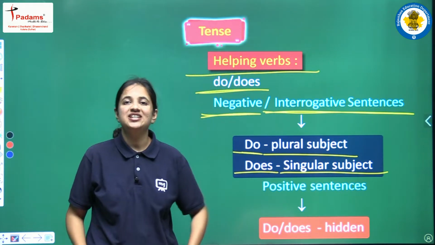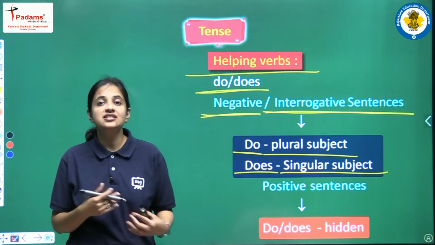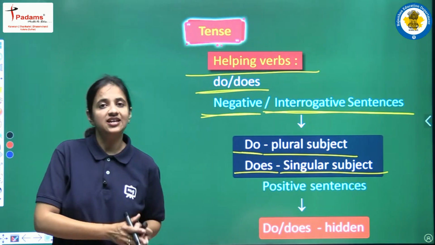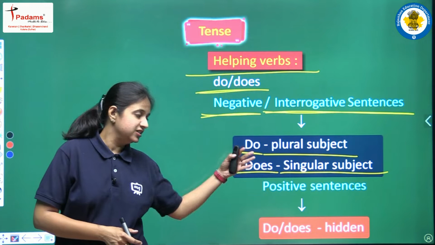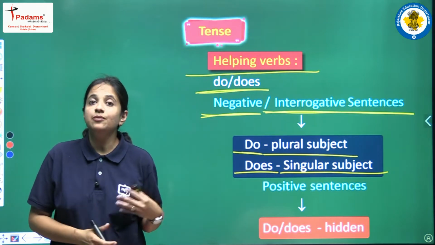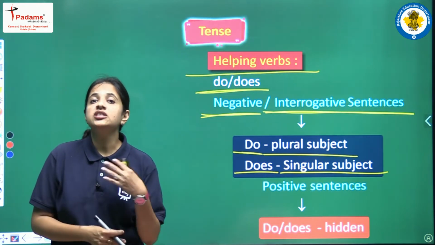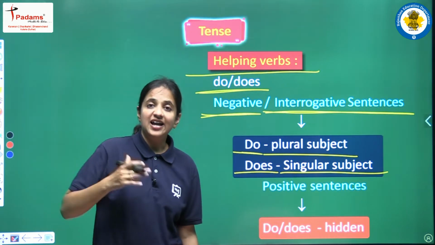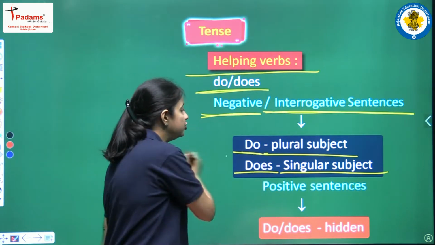If our subject is a singular person, single, then we will use does. And if the subject is plural, plural means more than one, then it is known as a plural subject, and in that condition we will use do.